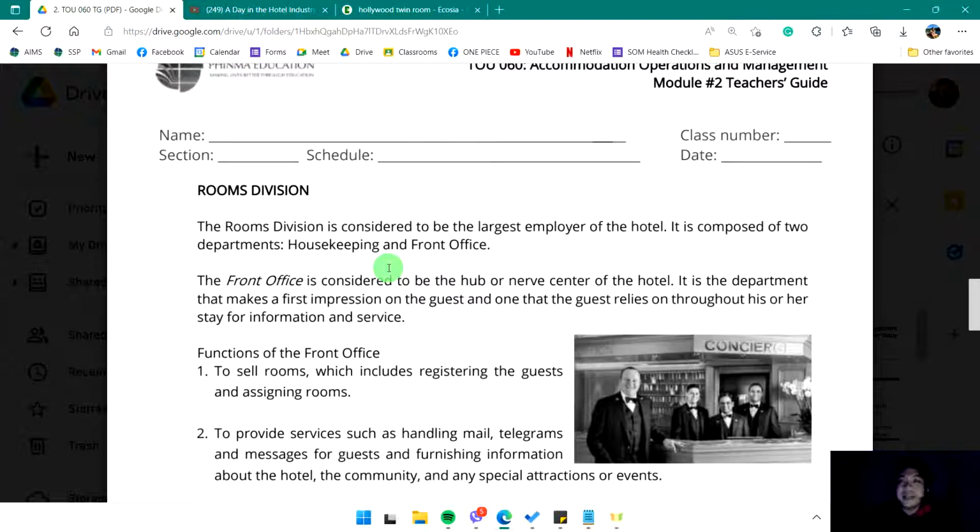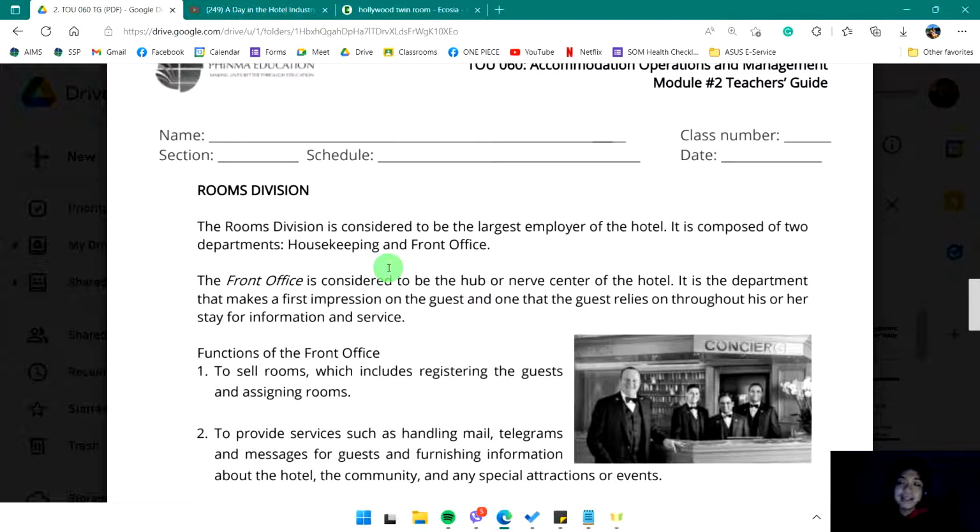And since they are technically the first department that you will see upon arriving as a guest, of course, sila yung unang department na makikita nyo. Front office is very essential. Front office department are usually the ones responsible in giving out first impressions sa ating mga guests. And first impressions, ano sabi natin sa first impressions?